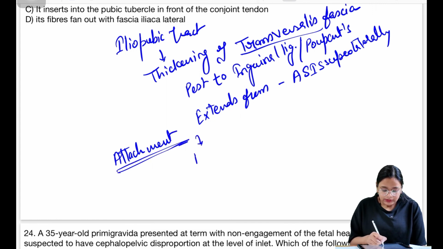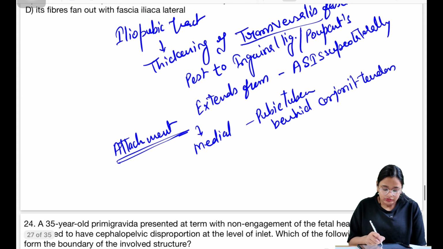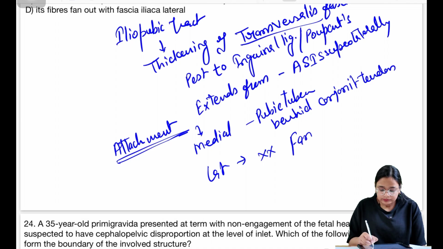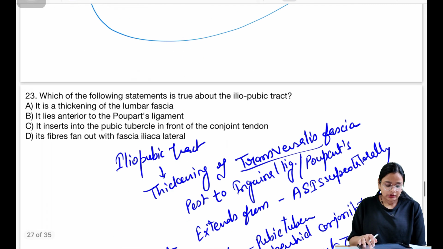Medially it is attached to the pubic tubercle, just behind the conjoint tendon. And laterally it has no attachment, it simply fans out with fascia transversalis and fascia iliaca.